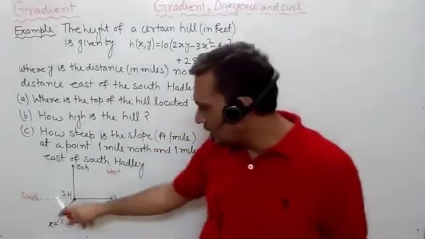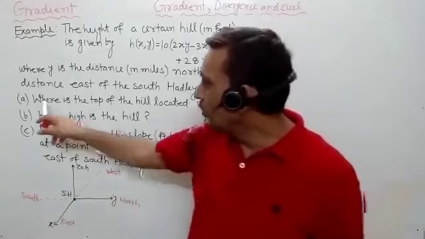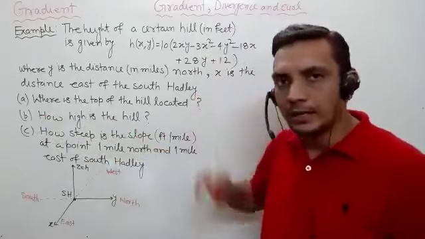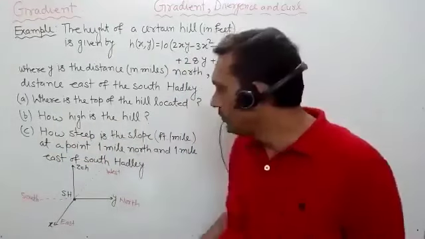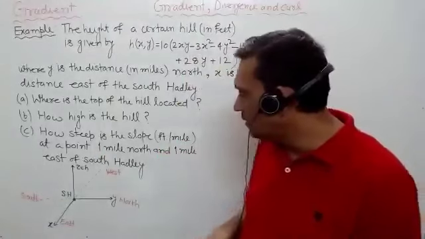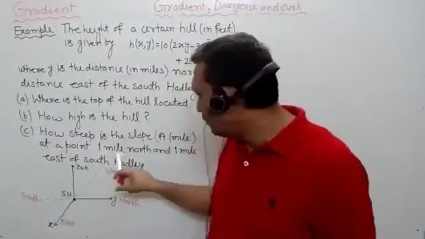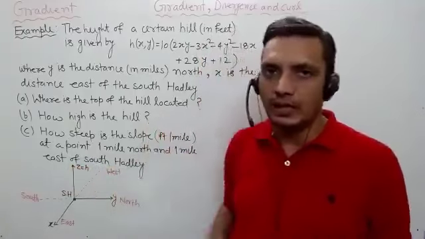So I have shown it here. Let's say this location is South Hadley. You have to find where the top of the hill is located, how high the hill is, and how steep the slope is in feet per mile at a point 1 mile north and 1 mile east of South Hadley.